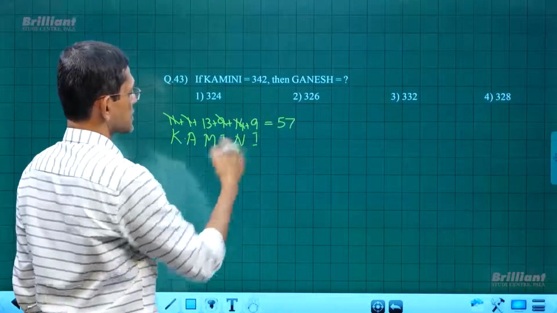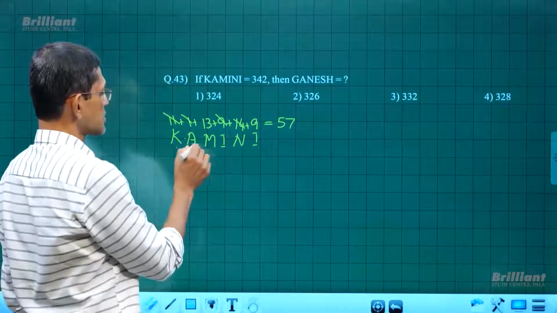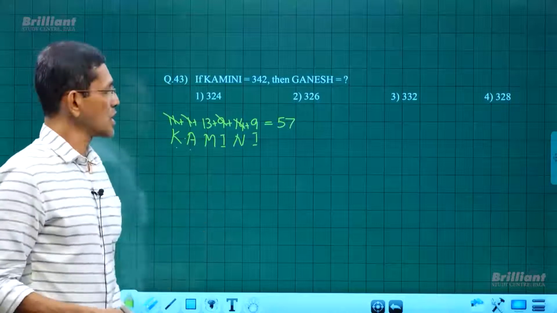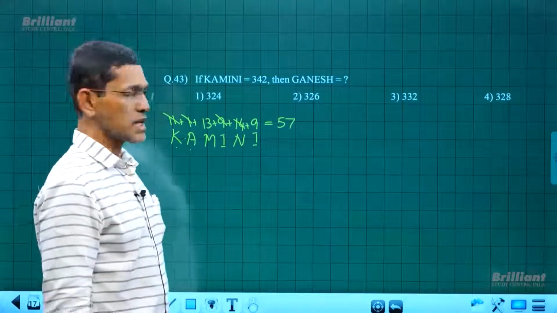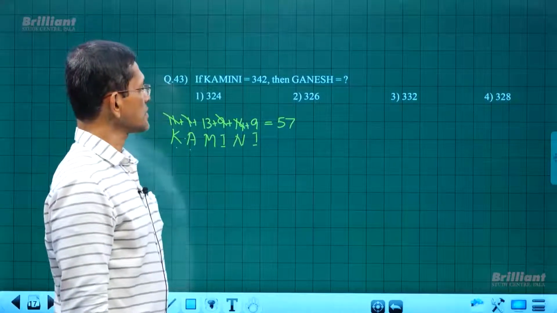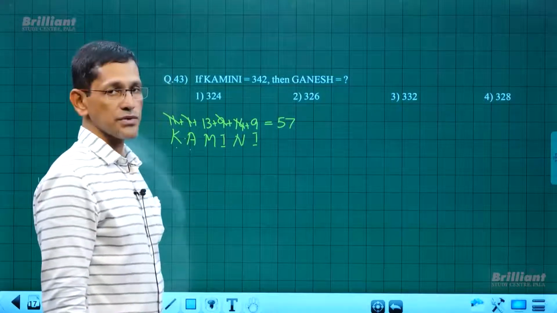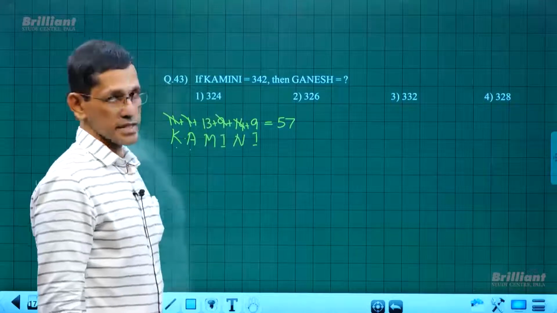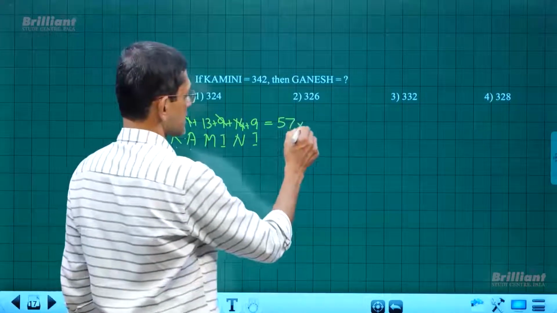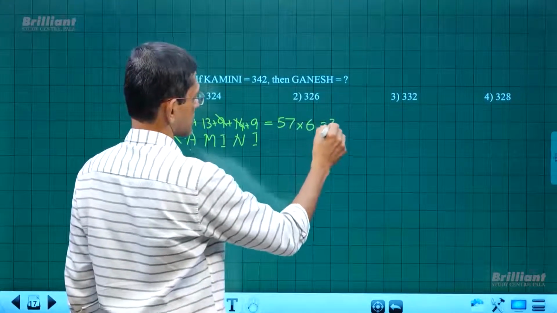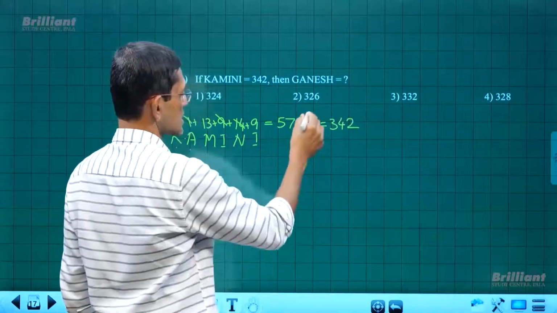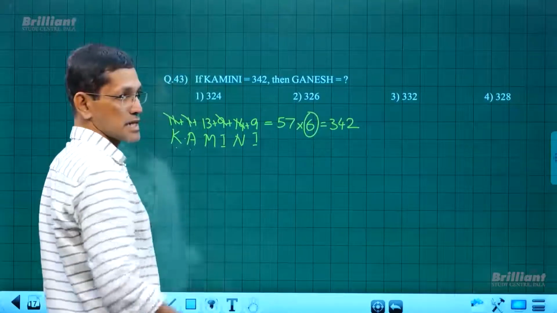And this is 342. How many letters are here? 1, 2, 3, 4, 5, 6 letters. So 57 into 6, what do you get? 50 into 6, 300. 7 into 6, 42. So 342 exactly. 57 into 6 is 342. Where does 6 come from? Number of letters, 6 letters are here.